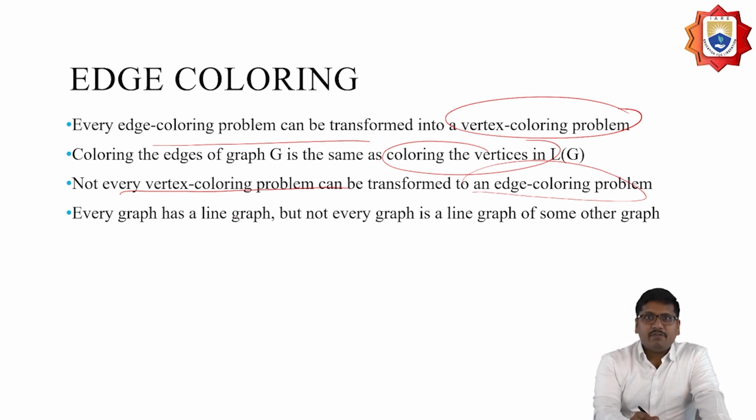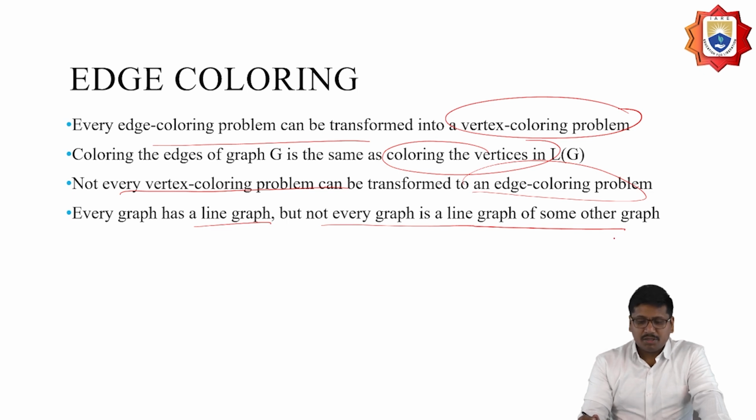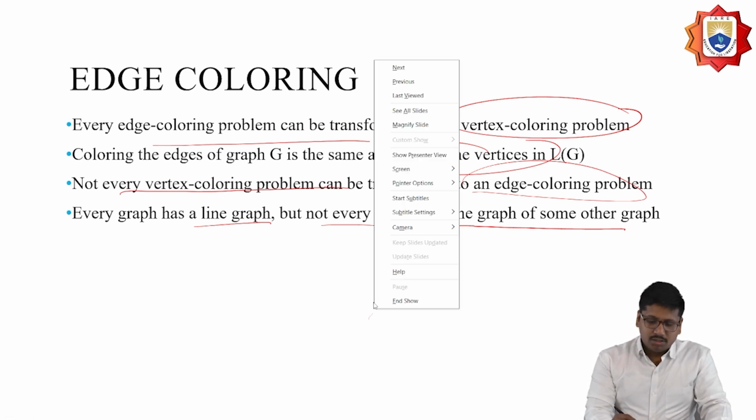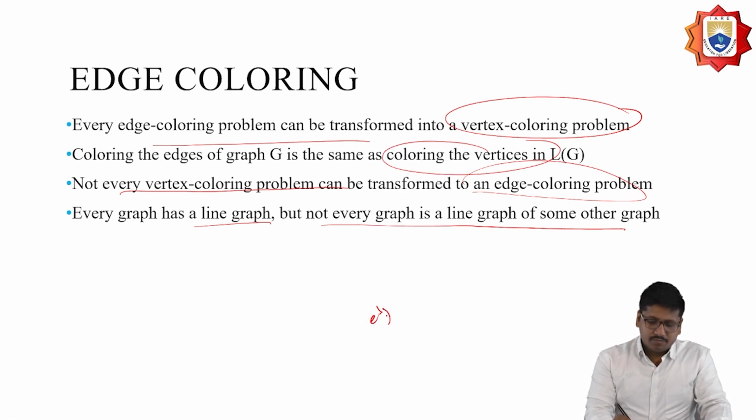Every graph has a line graph, but not every graph is the line graph of another graph. So edge coloring is the same as vertex coloring.